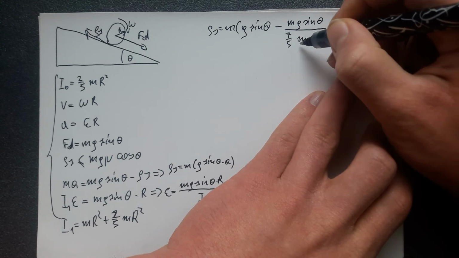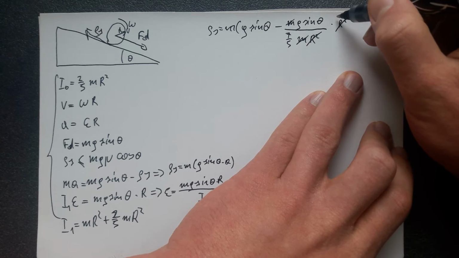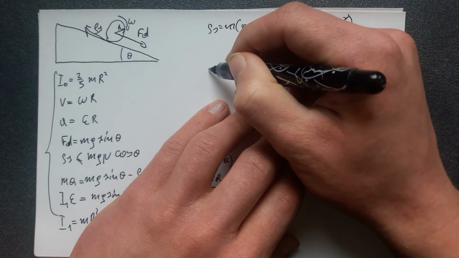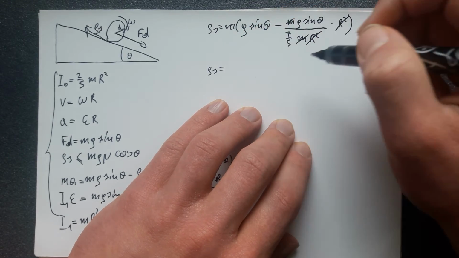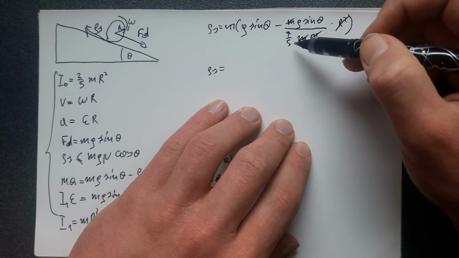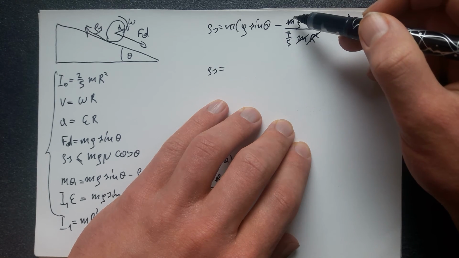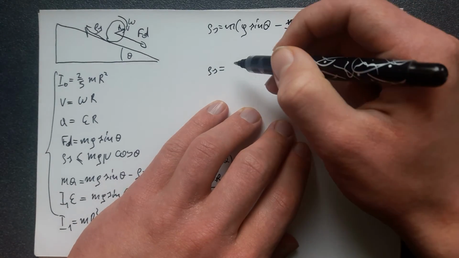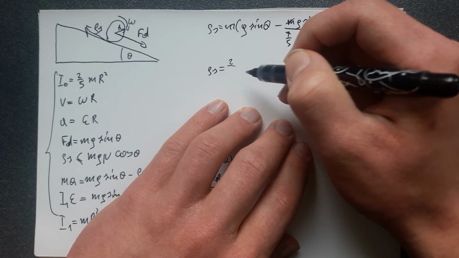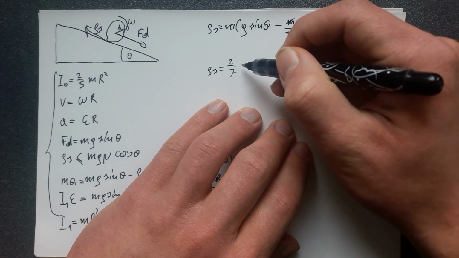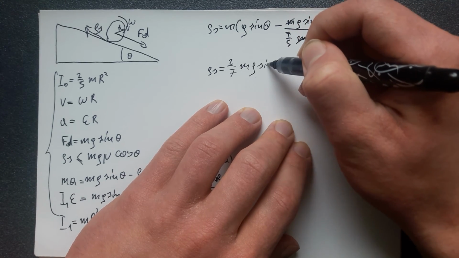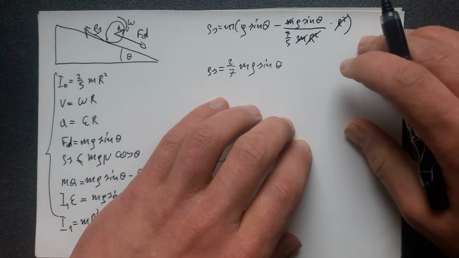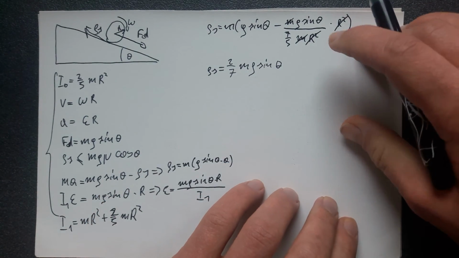R squares will cancel and masses will cancel. And what we are left with is that Fs is equal to, here the 7/5 will go up, so I think we will be left that Fs is equal to 2/7 mg sine theta. Okay, yeah, definitely, 2/7 mg sine theta.